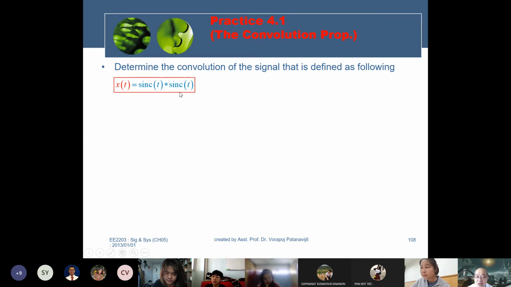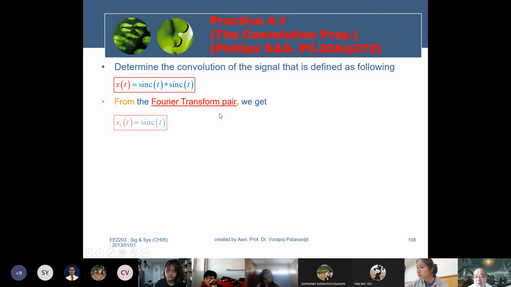But you know, from the convolution property, you can convert the sinc function into its Fourier transform. From the Fourier transform pair, the sinc function has a Fourier transform shaped like a rectangle, the rectangle of omega by 2, normalized by pi.